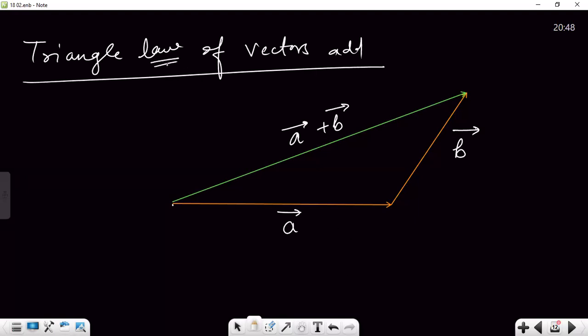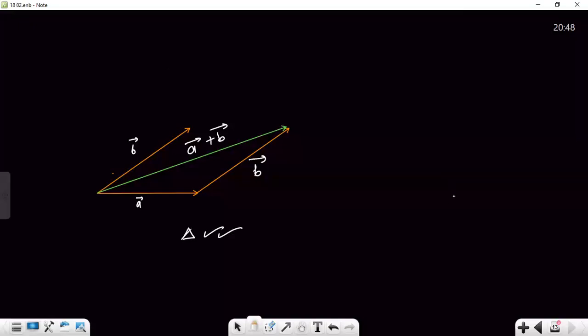Are there any questions? Difficulty in understanding this? Any questions? No, sir. This is known as the parallelogram law of vector addition.